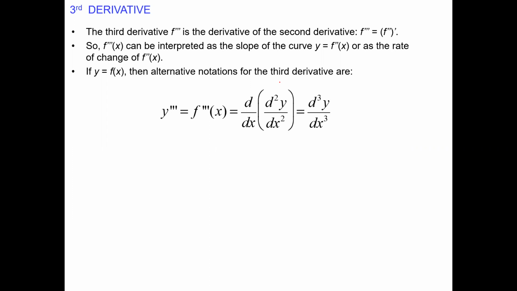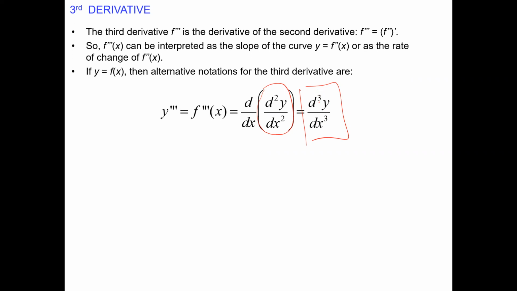Taking the derivative of the second derivative, we will get the third derivative. And we may see the notation y triple prime, f triple prime, the derivative of the second derivative. And this is the compact Leibniz notation. We're not saying cube, we're just saying third derivative with respect to x.